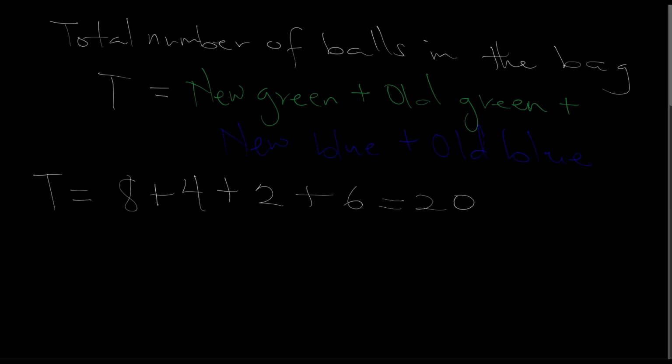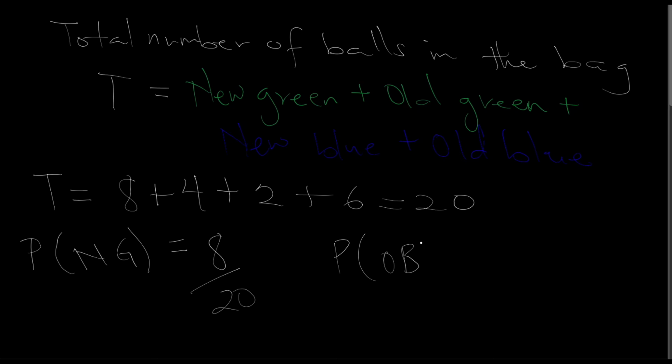So the probability of picking a new green ball should be equal to 8, which is the number of new green balls, over the total number of balls in the bag. And then the probability of picking an old blue ball should be equal to 6, which is the total number of old blue balls in the bag, over 20, the total number of balls in the bag.